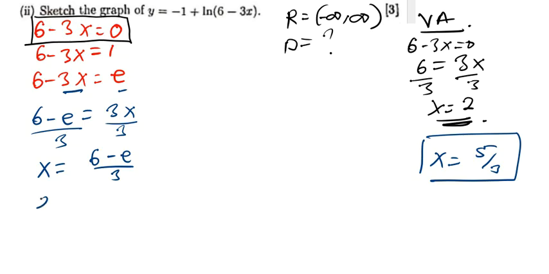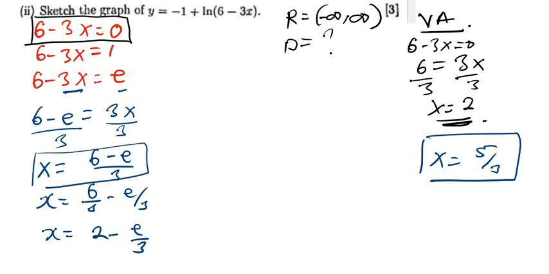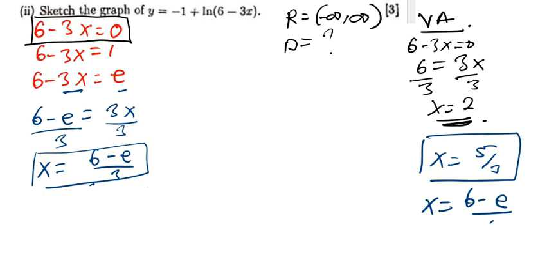This is the same as x equal to 2 minus e over 3, but if you want, you can just leave it like this. That's even better. To make things simple, I'll leave my x value like that. So my x is equal to 6 minus e divided by 3. That's the other x. Let's now go ahead and find the values of y.